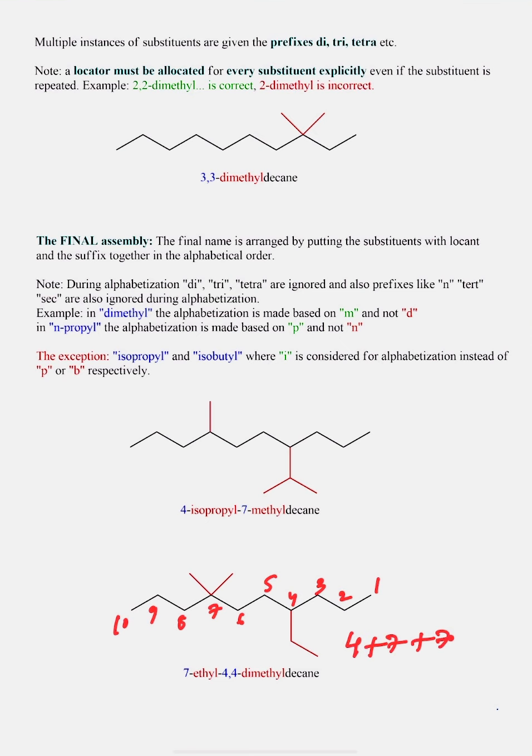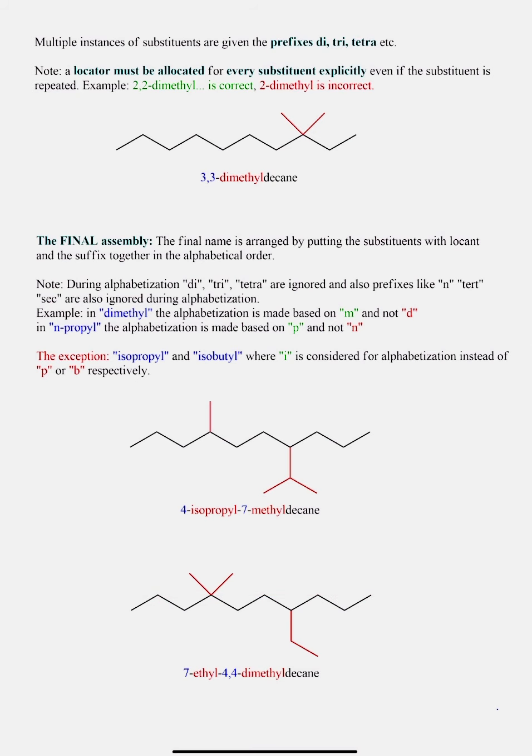You need to number it from the left and not the right, because 7 plus 7 plus 4 is 18, whereas if you number from the right, it's 7 plus 4 plus 4, which is 15. So 15 is less than 18, so the correct numbering is from this side, not this side.